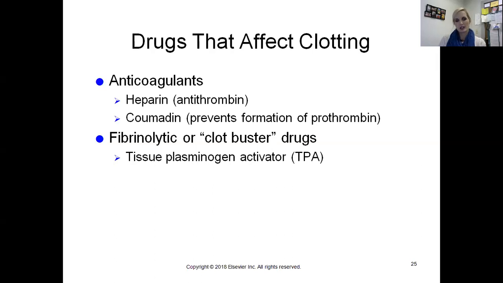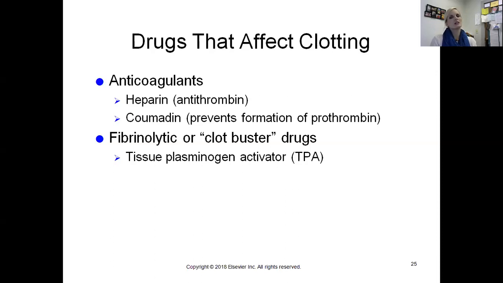Heparin is an antithrombin that's going to stop that clot from happening. Coumadin is also an anticoagulant. You do not need to worry about exactly how they stop the clotting. We skipped this part in the process of hemostasis, so you didn't need to know thrombin and prothrombin and the involvement of those plasma proteins. But heparin and Coumadin are anticoagulants.